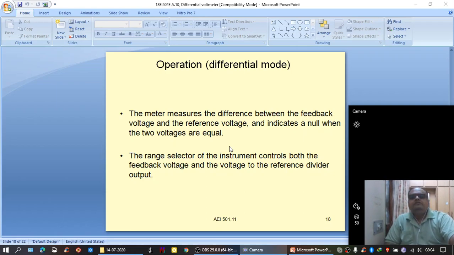So that is about the standard differential voltmeter, making use of the principle of null detection. And because of this null detection, the input impedance will be very high and loading effect would be almost zero. So differential amplifier produces very highly accurate measurements.